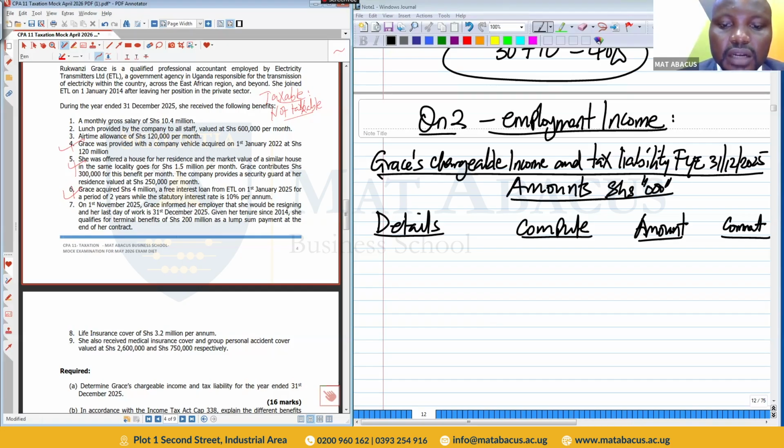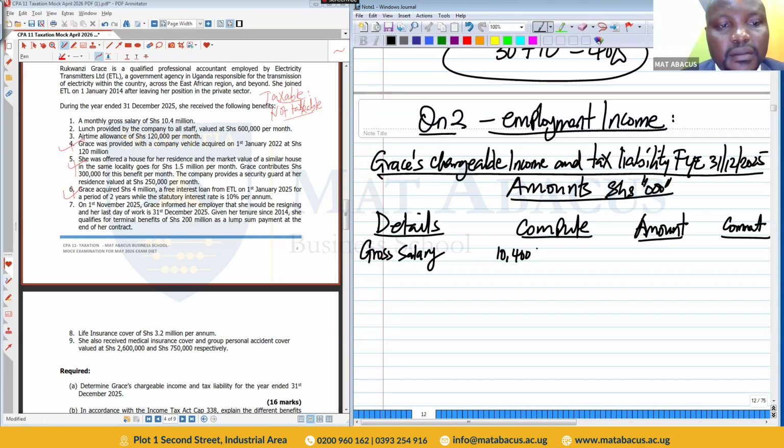Now, we shall have a monthly salary. Since it is for the year, we don't have to say monthly. We're just going to say gross salary of 10,400.